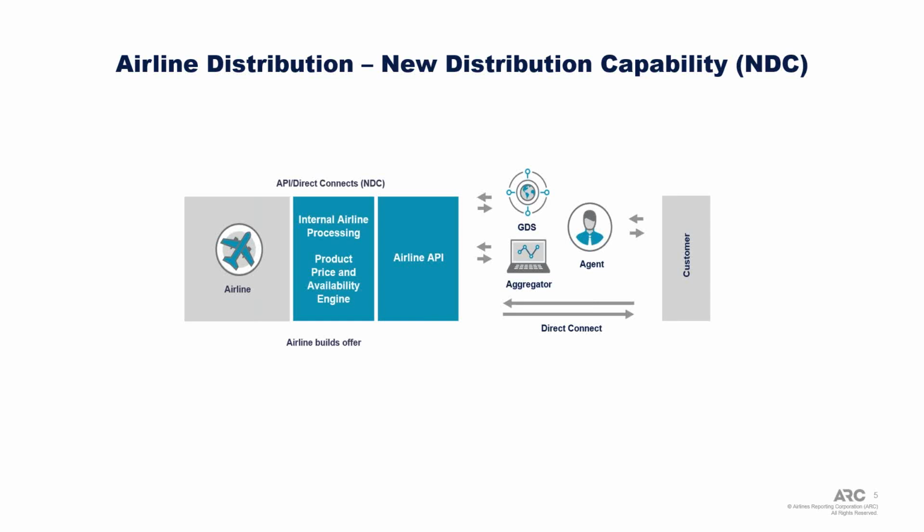The agency can also go through the GDS, and in this case, the GDS can play the role of the aggregator. Some of the key things about the GDS are that it can take the traditional content that's out there today. They can take direct content from the airline and display it to the agency.